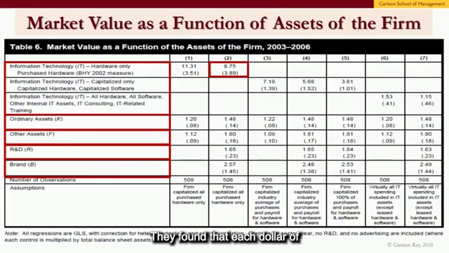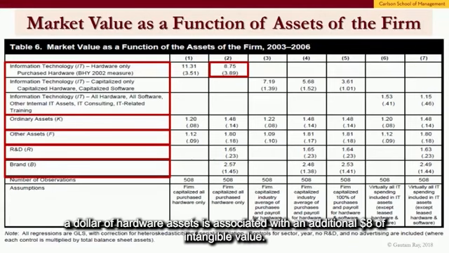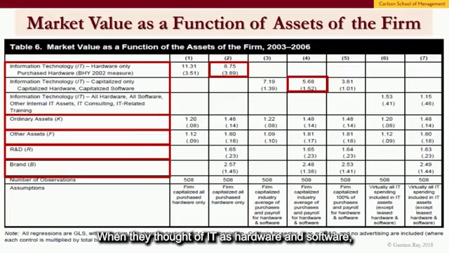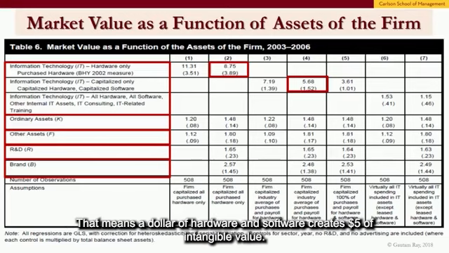They found that each dollar of hardware is associated with about $9 of market value of the firm. So, in other words, a dollar of hardware assets is associated with an additional $8 of intangible value. When they thought of IT as hardware and software, a dollar of hardware and software is correlated with about $6 of market value. That means a dollar of hardware and software creates $5 of intangible value.